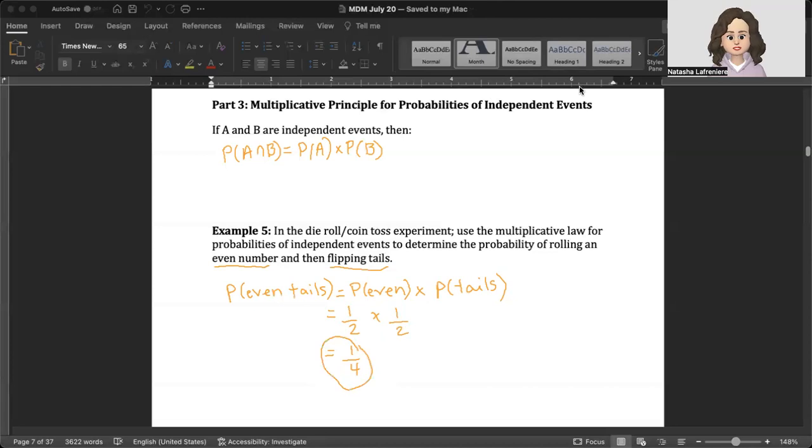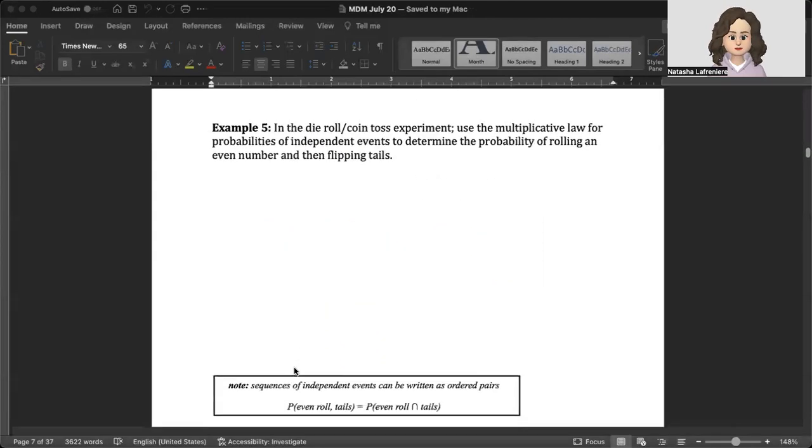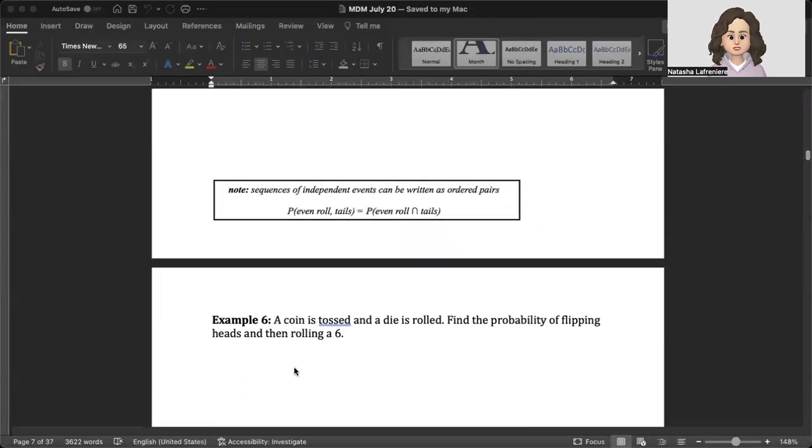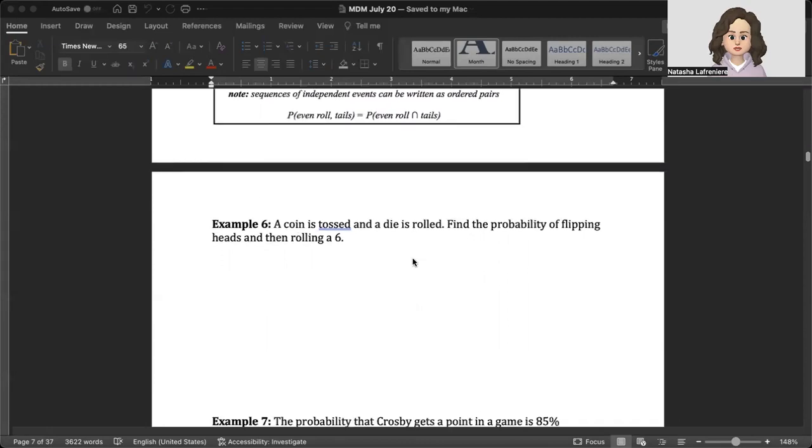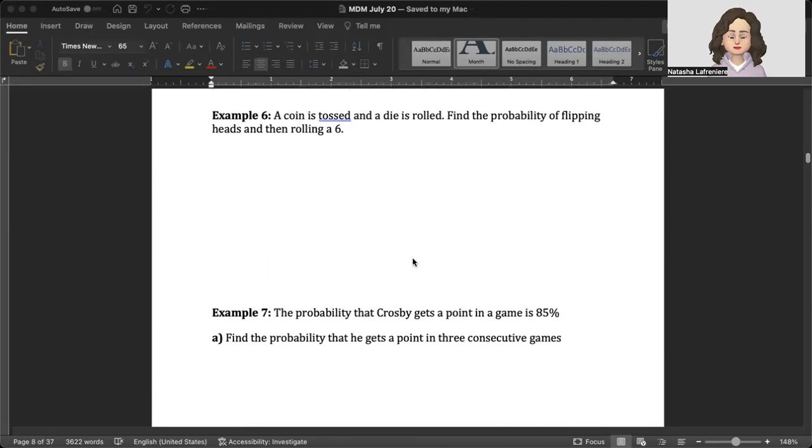So I'm clearing this. Note that sequences of independent events can be written as ordered pairs. And so here is our equation. Example 6: a coin is tossed and a die is rolled. Find the probability of flipping a heads and rolling a 6.